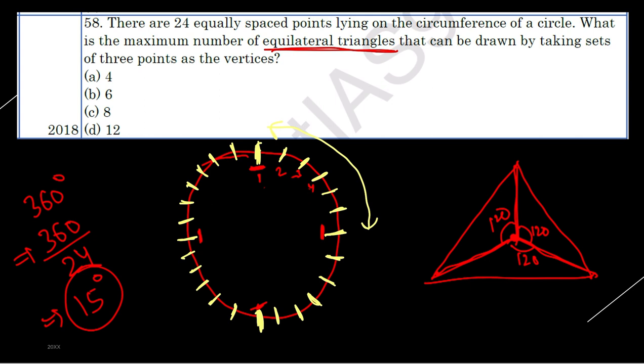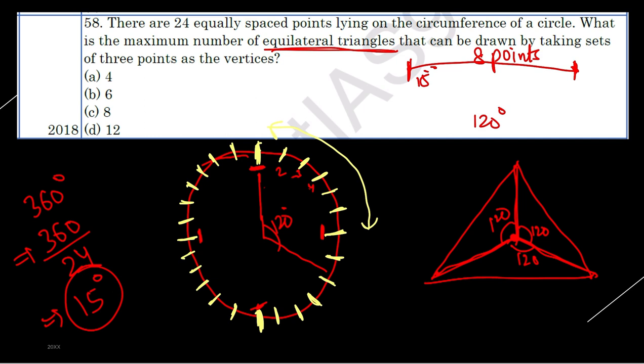So to make 120 degrees here, how many points will I need? Between this point and this point, there is a gap of 15 degrees. How many gaps do I need to have a total of 120 degrees? I will need 8, since 15 into 8 is 120.